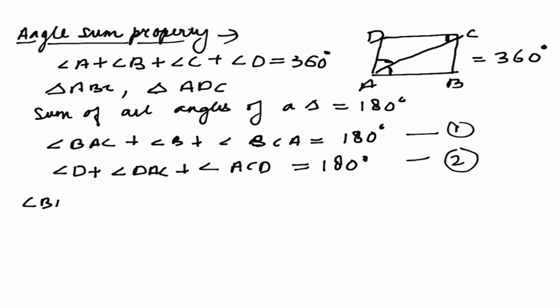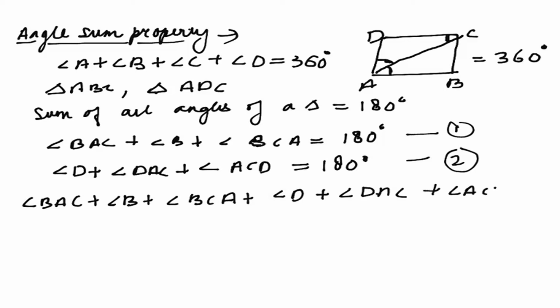Angle BAC plus angle B plus angle BCA plus angle D plus angle DAC plus angle ACD equals 180 plus 180, which is 360 degrees. Now the angle A is between angle BAC and angle DAC. If we add these two angles, angle BAC plus angle DAC, it will give us angle A, that is this.